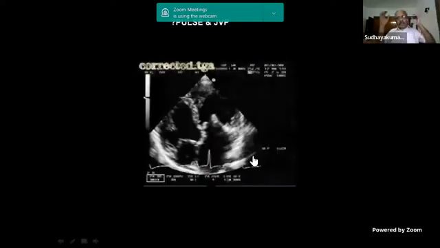Okay, that is enough. What is the JVP finding in this case? We'll give 3 or 4 minutes.